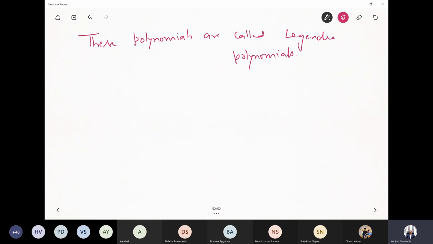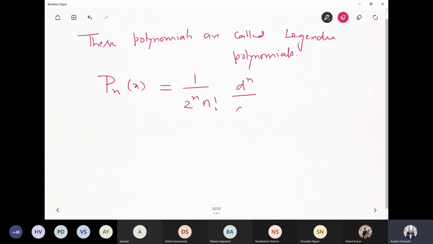These are denoted with Pn(x). A general formula is given for this, by choosing the constants.